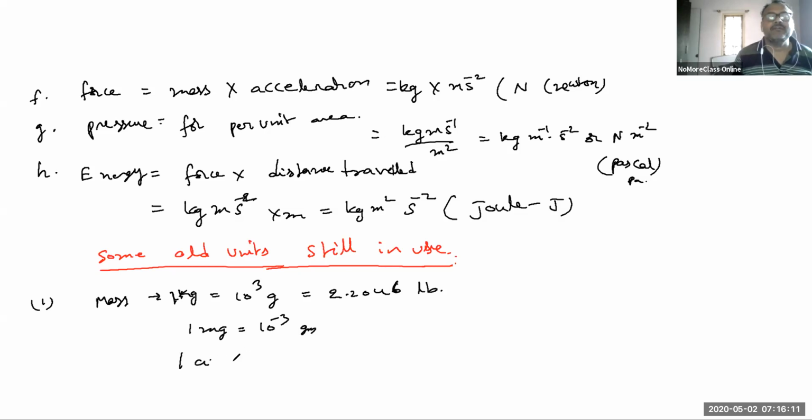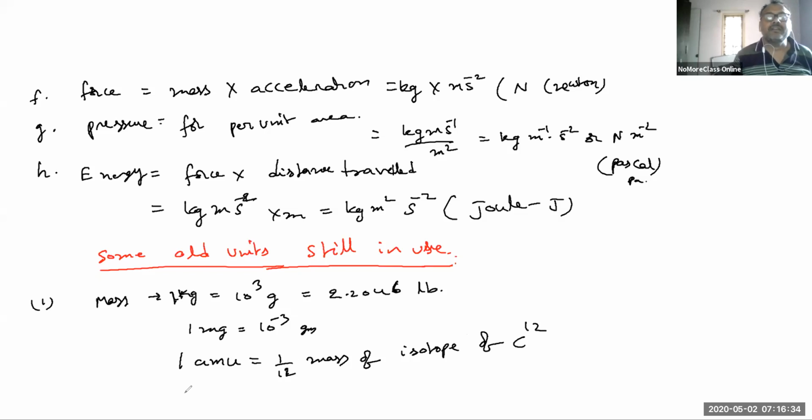Or 1 AMU. 1 AMU is equal to 1 by 12 the mass of an isotope of carbon 12.